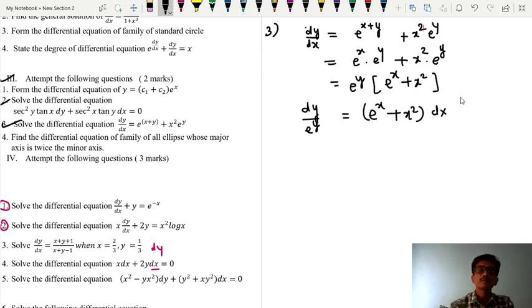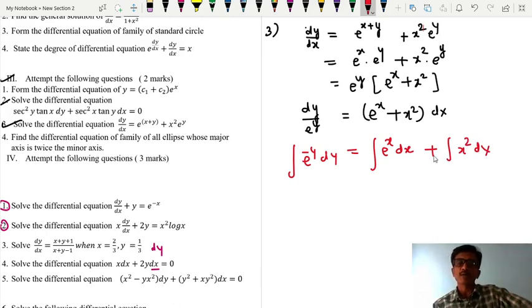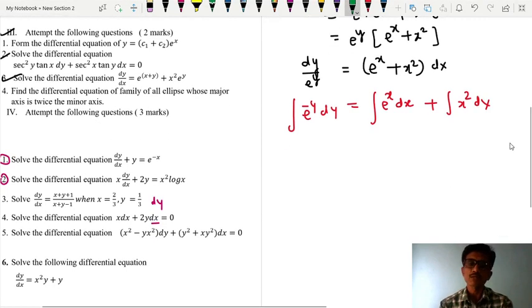Now integrate it. Integrating both sides, this will be integration of e raised to power minus y dy is equal to integration of e raised to power x dx plus integration of x square dx. Now integration of e raised to power minus y is e raised to power minus y upon minus 1.